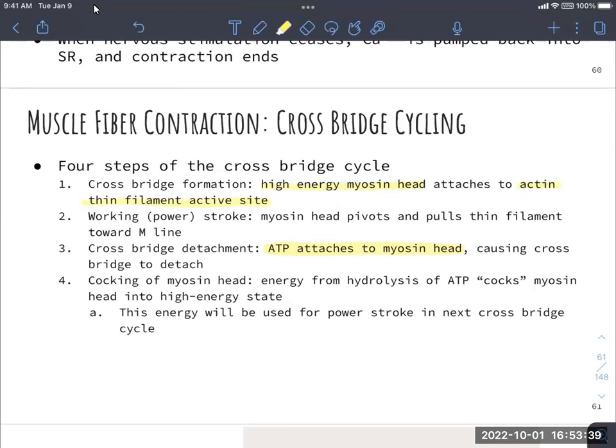With that ATP, by moving the head of that myosin head, that hydrolyzes ATP into ADP. And the energy from that reaction is saved in the myosin head for the contraction. So let's look.